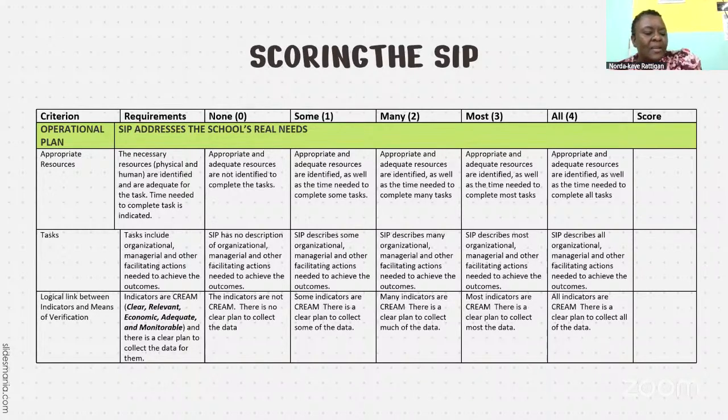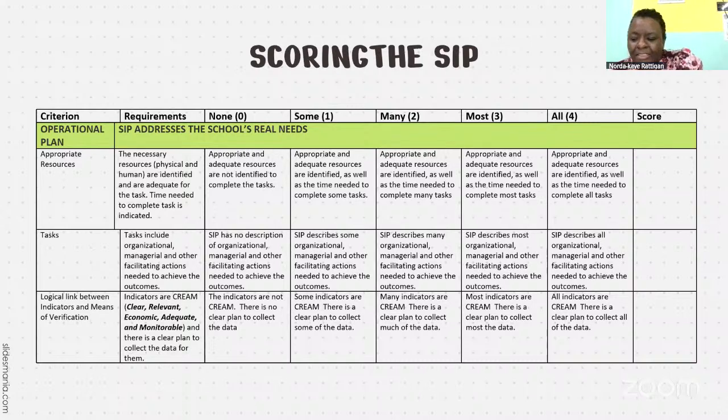Logical link between indicators and means of verification. Your indicator should be clean, clear, relevant, economic, adequate, and monitorable. So when you're writing your indicator, it must be relevant to what you're trying to achieve.